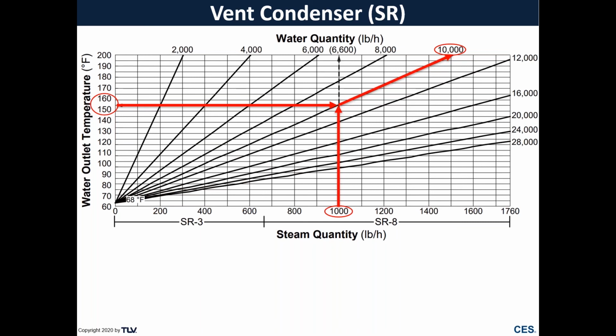So now let's say that our goal is actually to minimize the amount of cooling water we want to use. So we're going to run this line all the way up, or alternatively, our goal is to maximize the cooling water outlet temperature. So at this point, we can discharge our cooling water at 200 degrees while only using 6,600 pounds an hour of cooling water instead of 10,000.